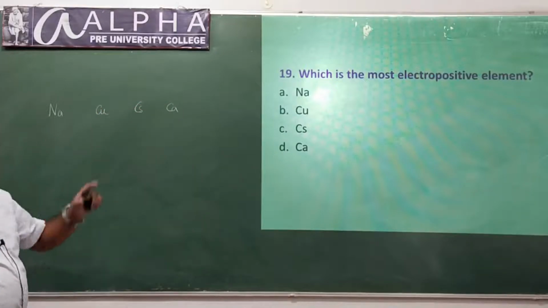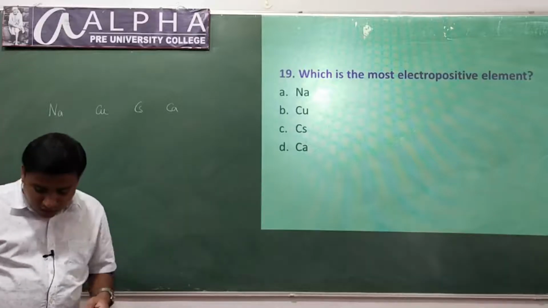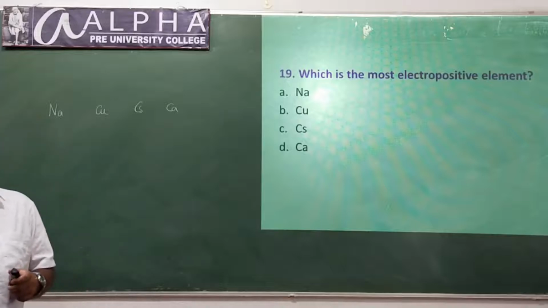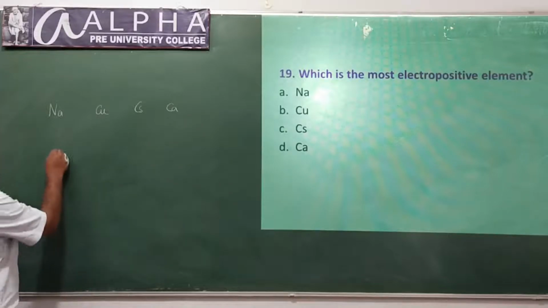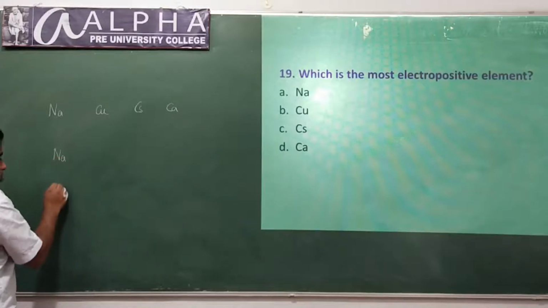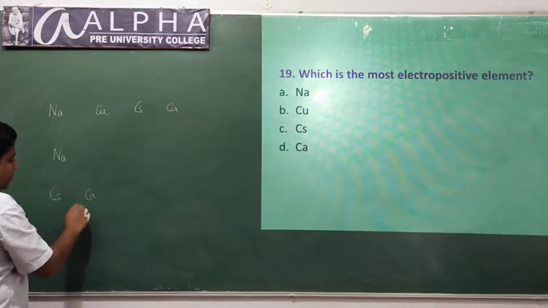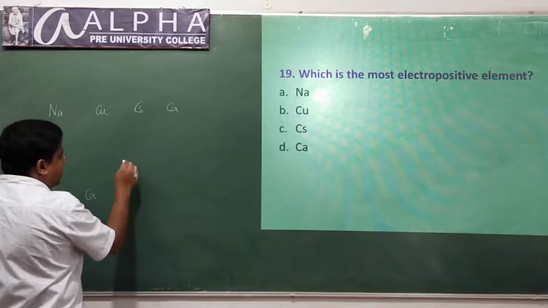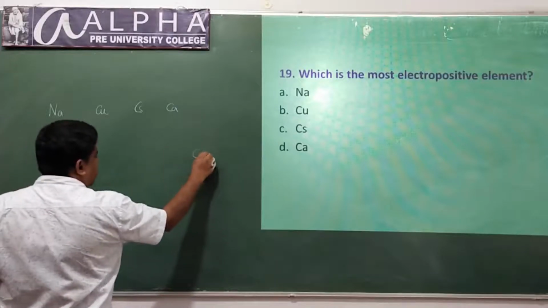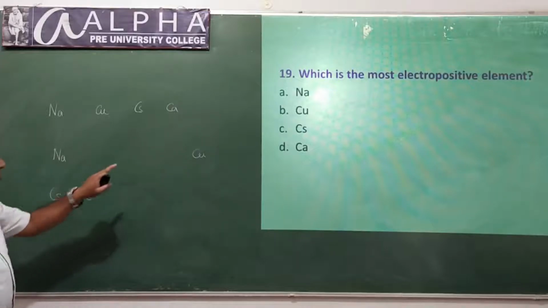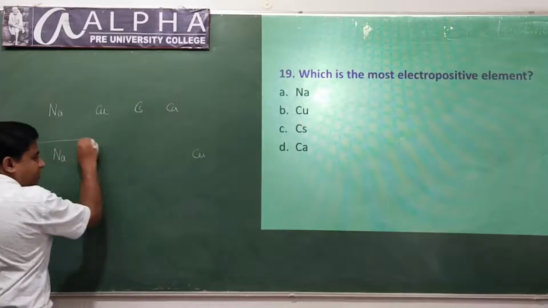If you arrange these elements according to the increasing order of atomic number, as it is in the periodic table, you can get to know that sodium comes first, below which we'll have cesium, and then calcium, and then in the same period as calcium we'll have copper.